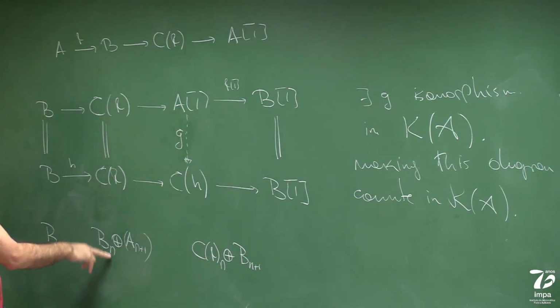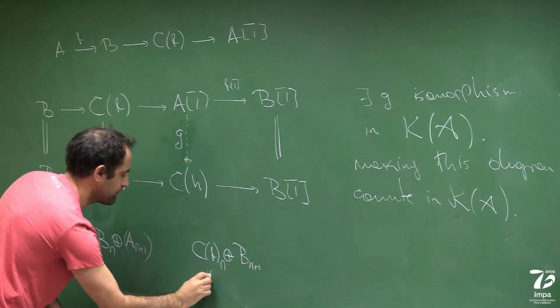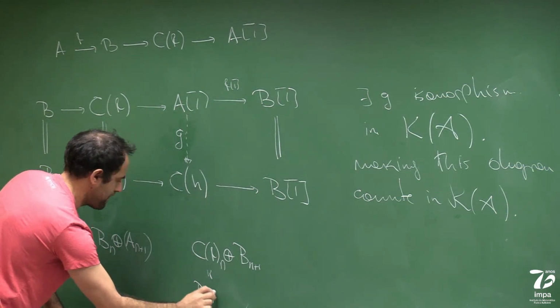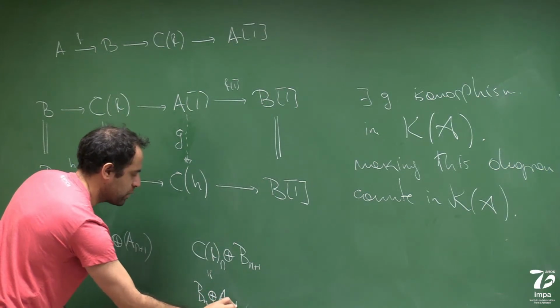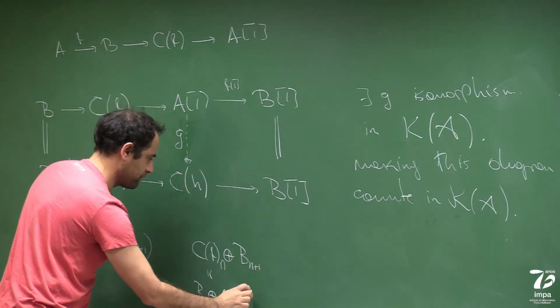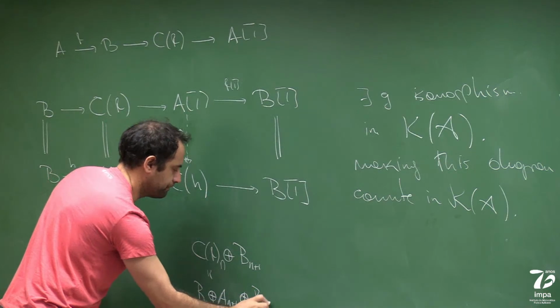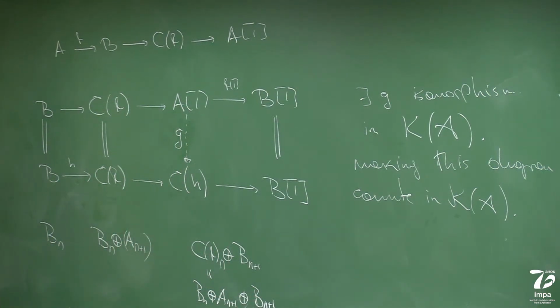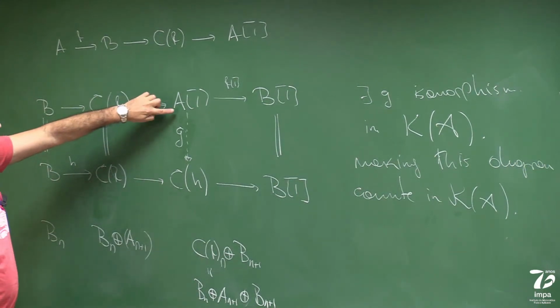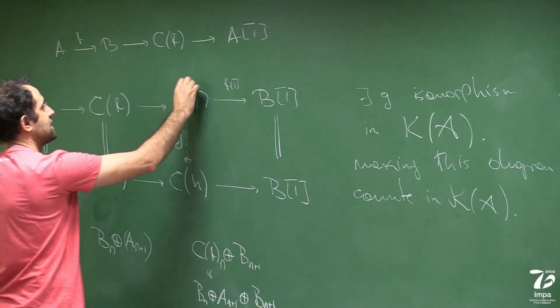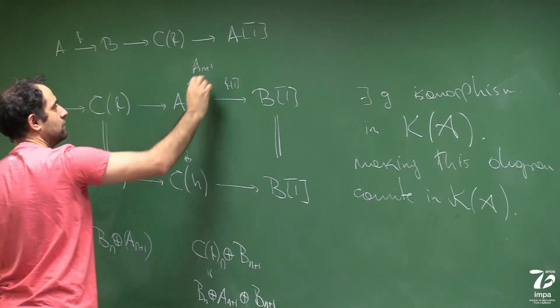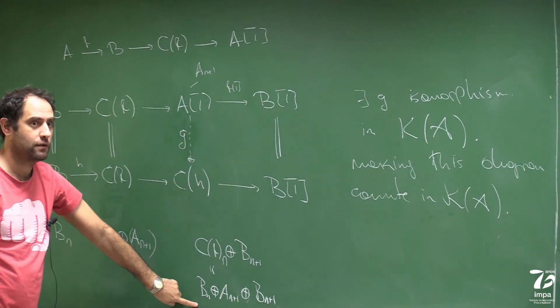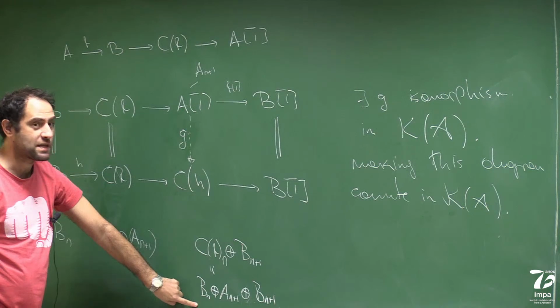And the cone of f in degree n is this, so this is Bn plus A n plus 1 plus Bn plus 1. So what I'm looking for is a map from this guy in degree n, which is A n plus 1, to this guy, which is a map of complexes.